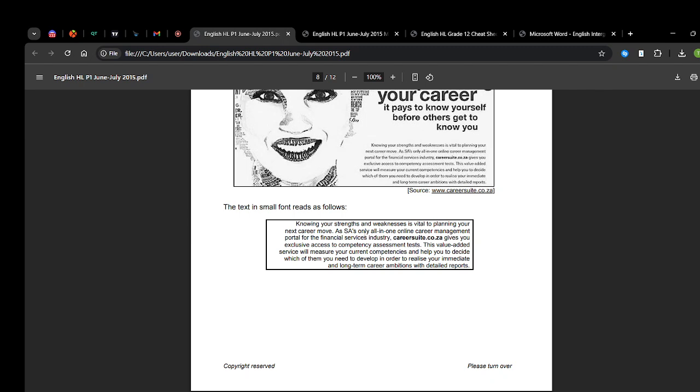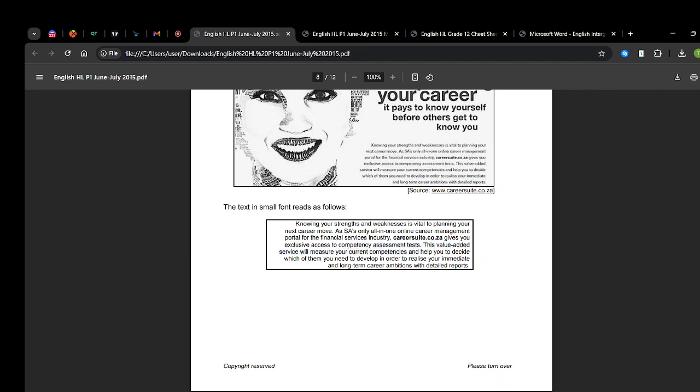Knowing your strengths and weaknesses is vital to planning your next career move. Okay, that's an important sentence there. As SA's only all-in-one online career management portal for the financial services industry, careersuite.co.za gives you exclusive access to competency assessment tests.